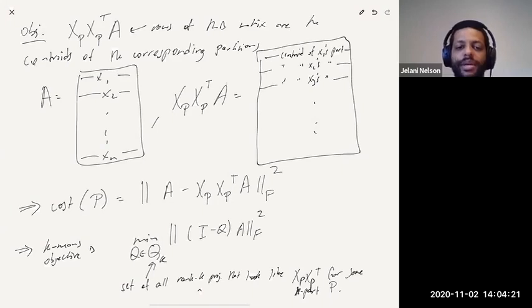So good. Now that I've done a little bit of motivation, what I want to do is write down the theorem. The theorem is going to say that as long as pi satisfies four deterministic properties, those properties guarantee that it will be a PCP sketch for A. One of the properties is that it's a subspace embedding for a certain k-dimensional subspace.